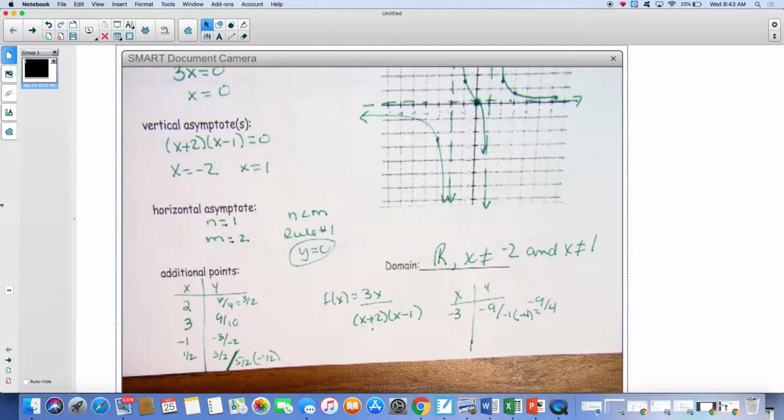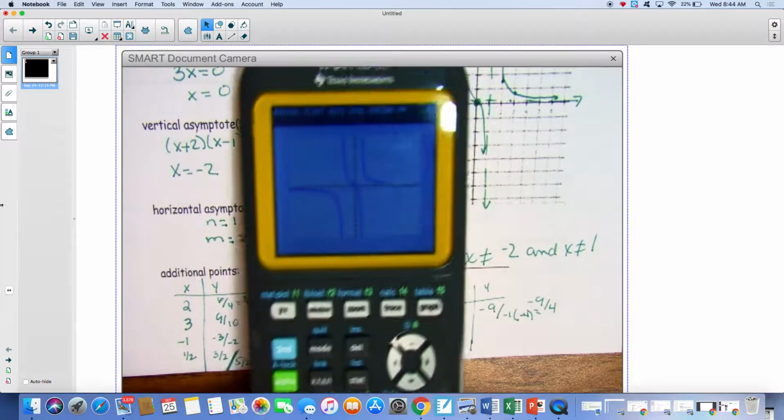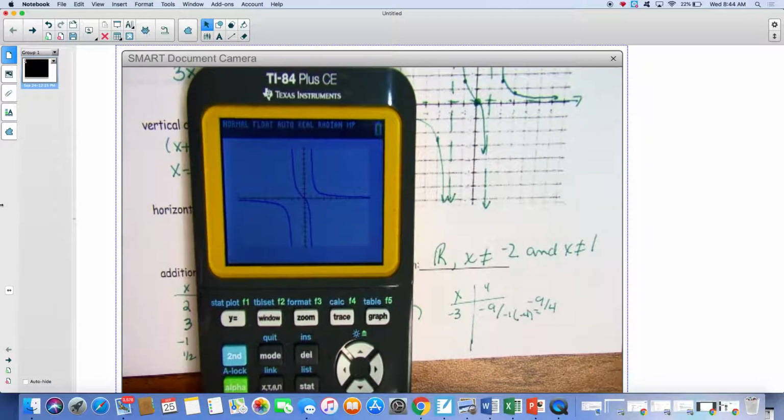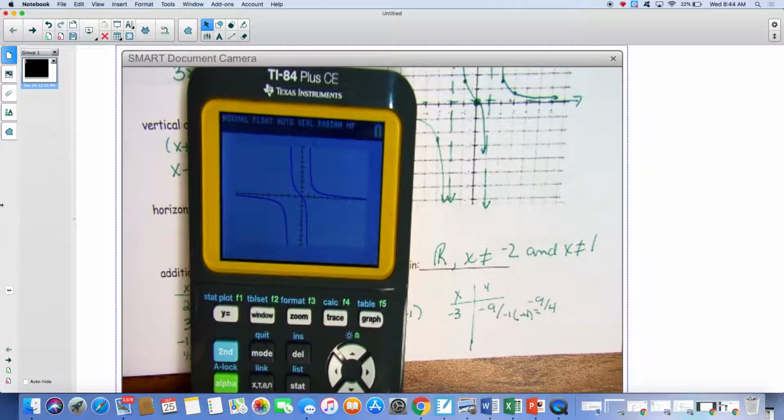And if we wanted to check our work, notice here, I'll know if you used a graphing calculator because what's missing?